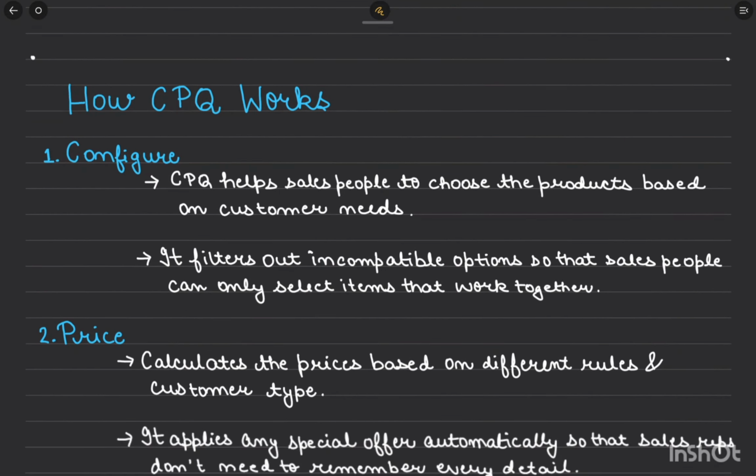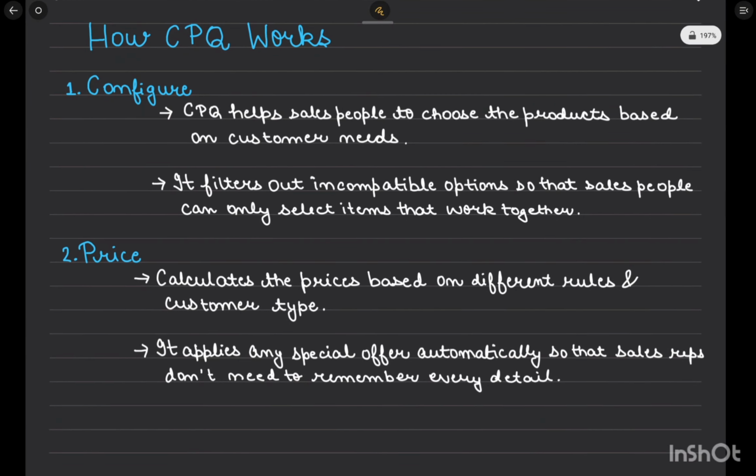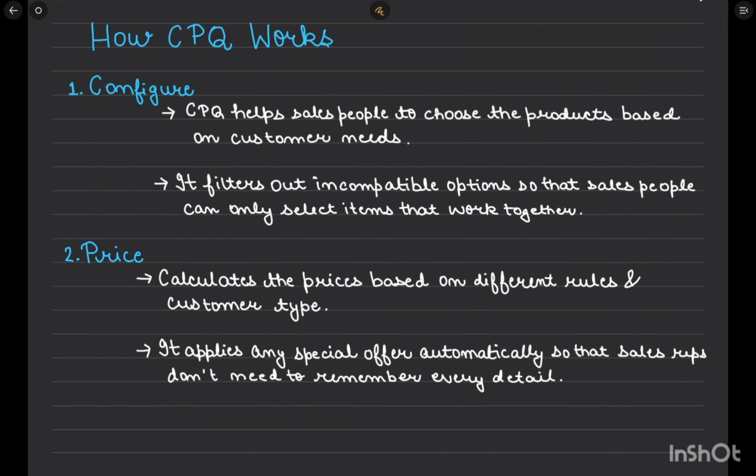And how does this work? CPQ has a principle of configure, price, and quote. While configuring, CPQ helps your salespeople choose the products based upon the customer needs, right? It filters out the incompatible products so that salespeople do not select items that are not compatible, and only select items that work together with that particular item, right?